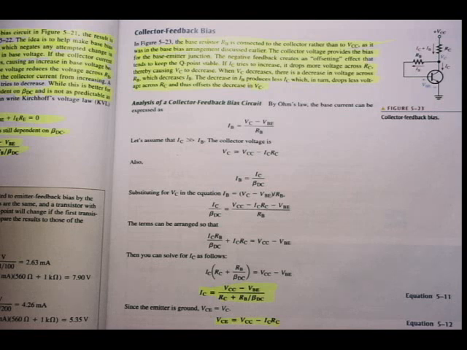If IC tries to increase, it drops more voltage across RC, thereby causing VC to decrease. When VC decreases, there is a decrease in voltage across RB, which decreases IB. This decrease in IB produces less IC, which in turn drops less voltage across RC, thus offsetting the decrease in VC.